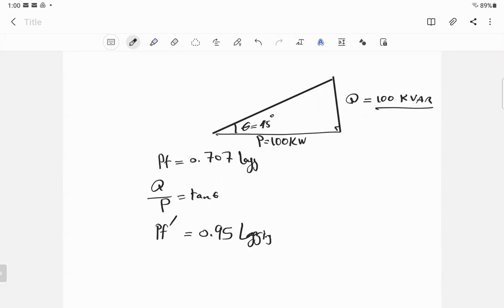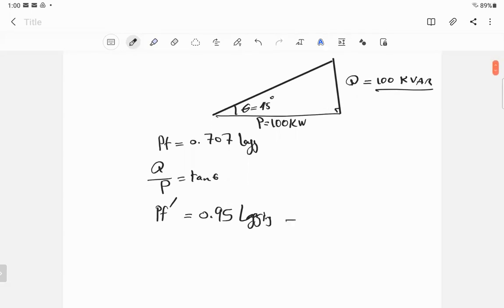What do you expect? Will the angle be bigger than 45 or smaller than 45? Smaller. Because the best situation, the ideal situation, is theta equal to 0. When theta equals 0, all of S is consumed as active power. But practically 0.95. So what's the corresponding angle? Theta dash. Because you have the old theta equal to 45, I can do arc cosine 0.95.